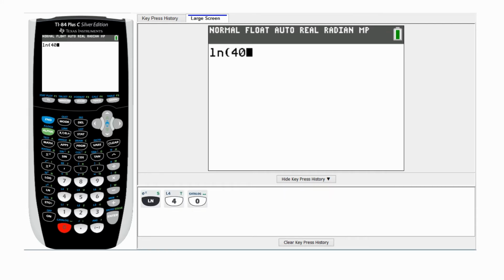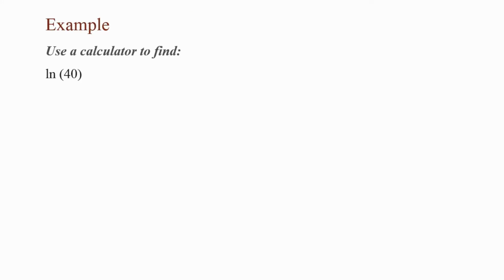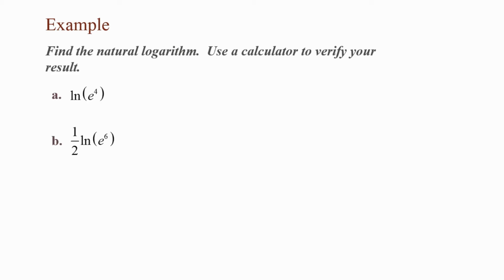We don't have to close the parentheses since we're not doing anything else, but we can. Press enter and we get 3.688879454. Using 4 decimal places, the natural log of 40 equals 3.6889.